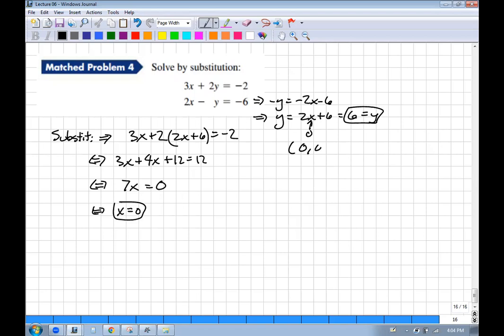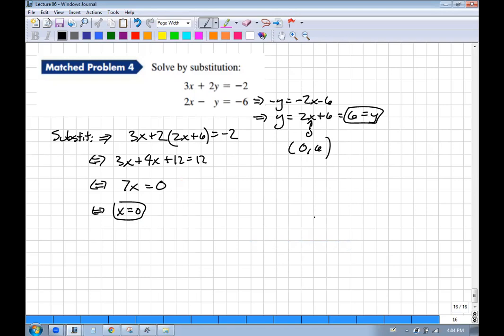So 0, 6, right, is my solution. Let's check, make sure they work. 0, 6, 3 times 0 plus 2 times 6 is 12. No, I need a minus 2. So I screwed this one up as well.